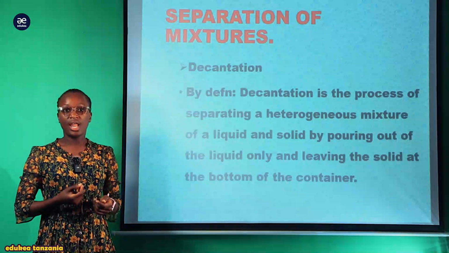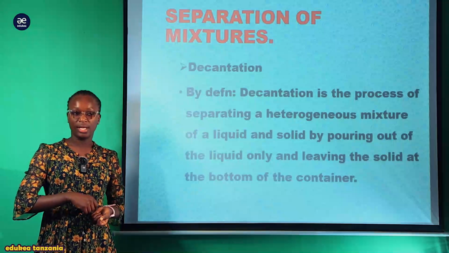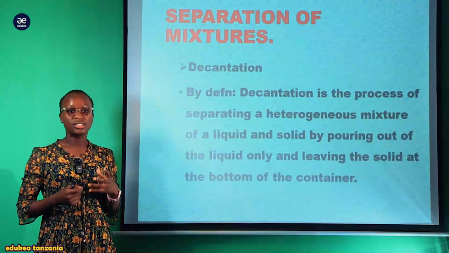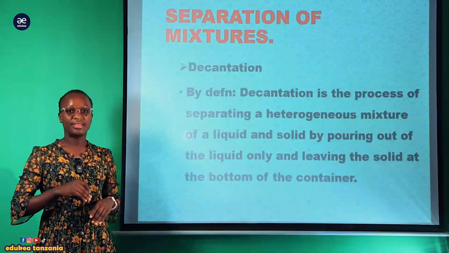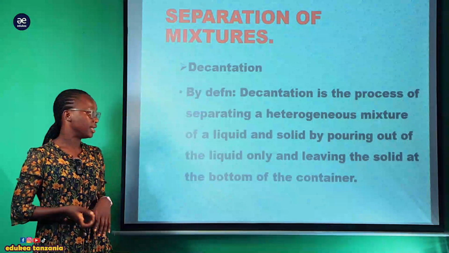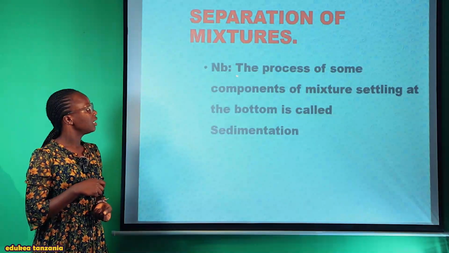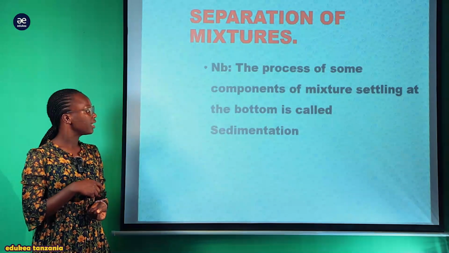Now here we are going to pour out the liquid from our mixture. How? By ensuring that those solid particles remain at the bottom of our container. The process of some components of the mixture settling at the bottom is called sediment.